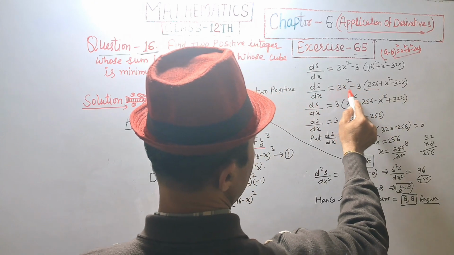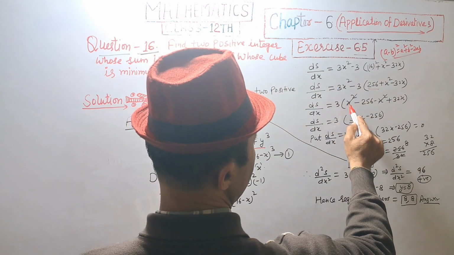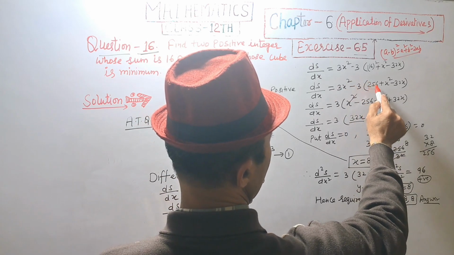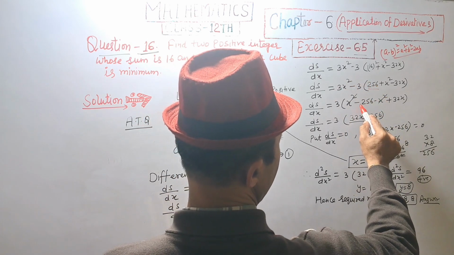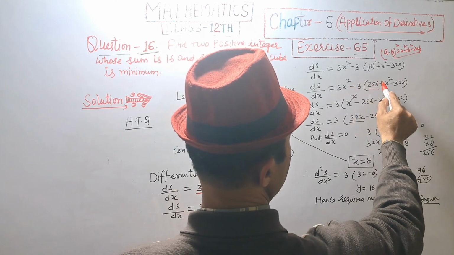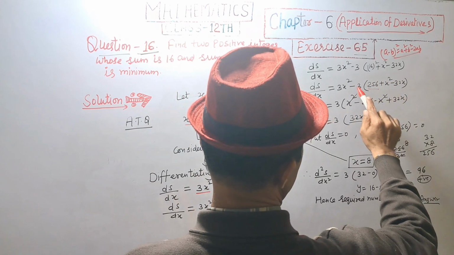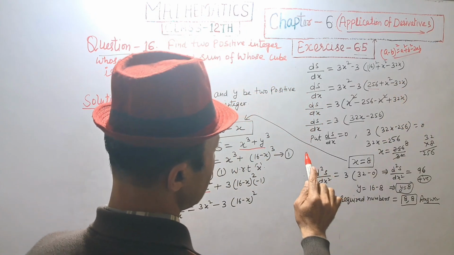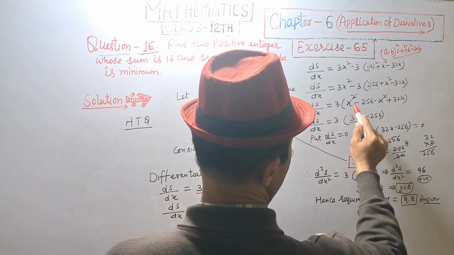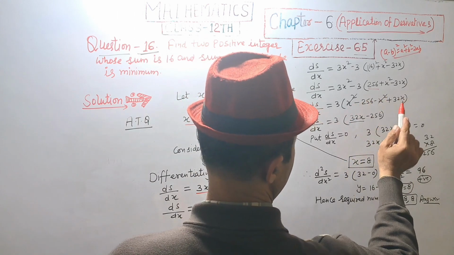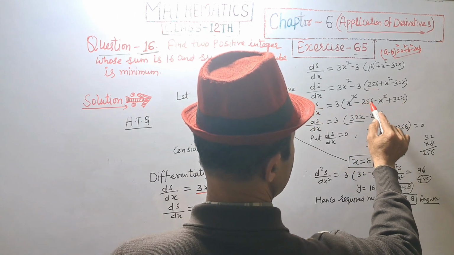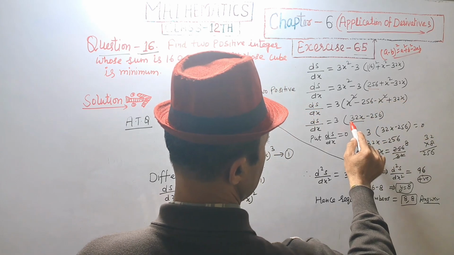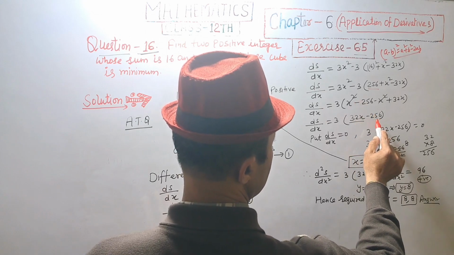We are taking 3 common, and in the bracket x square minus multiplied by 256, that is minus 256, minus x square, plus 32x. In the next step, 3 is common, x square minus x square will cancel, and we get 32x minus 256.